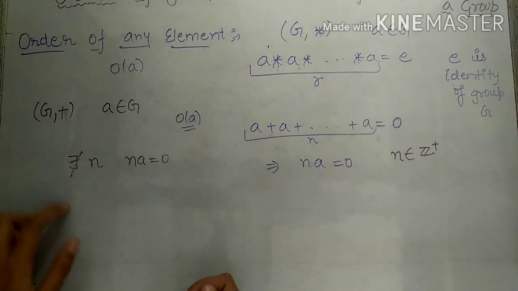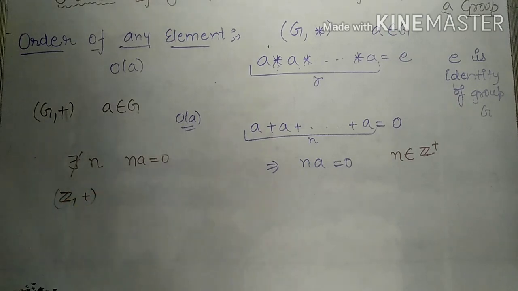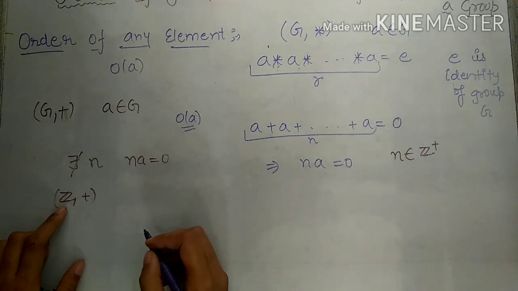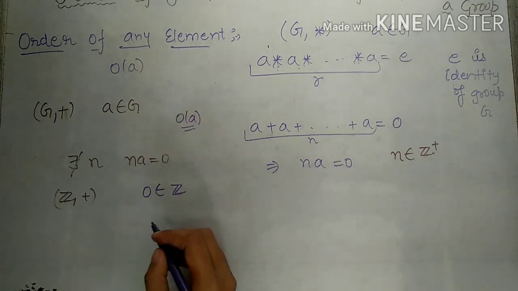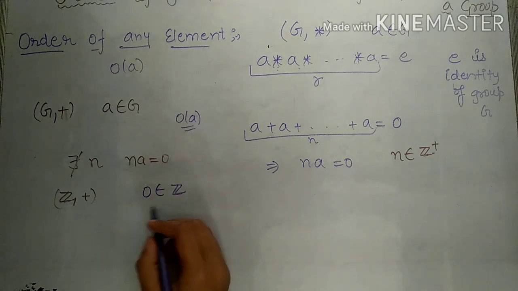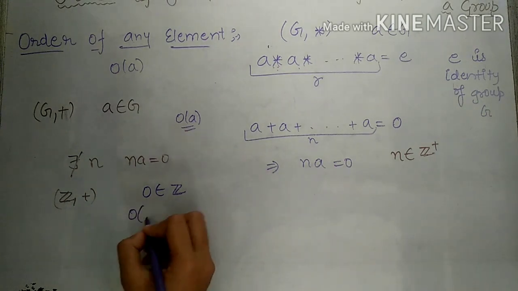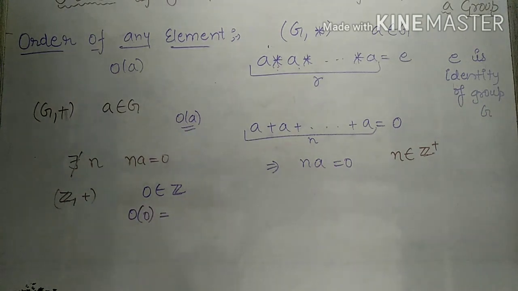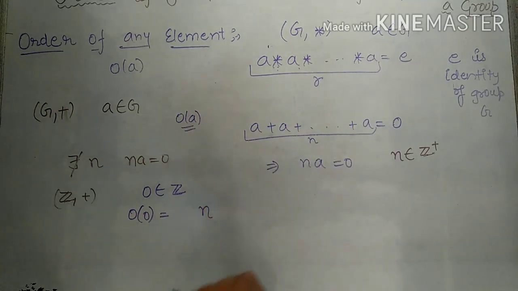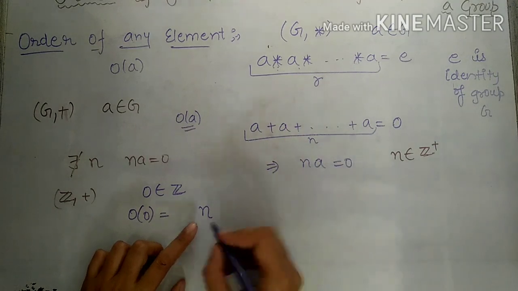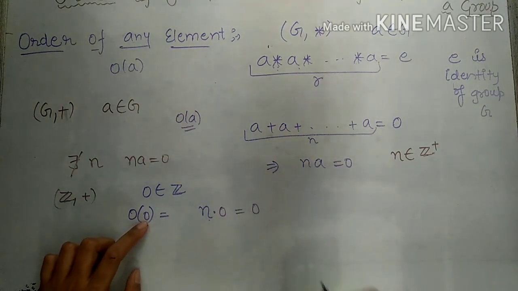Friends, if we take the group as the set of integers with the binary operation as the operation of addition, we know 0 belongs to Z. So if we try to find the order of 0, what would be the order of 0? The order of 0 is the least positive integer n such that when n is multiplied with a, that is when n is multiplied with 0, it comes out to be 0.